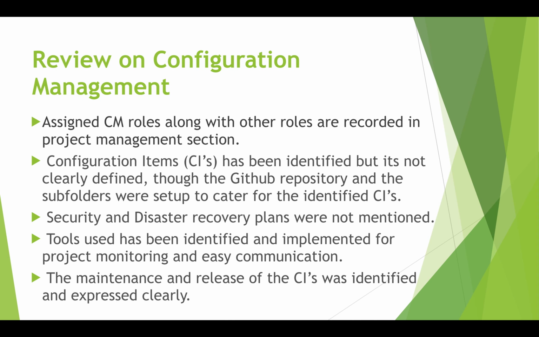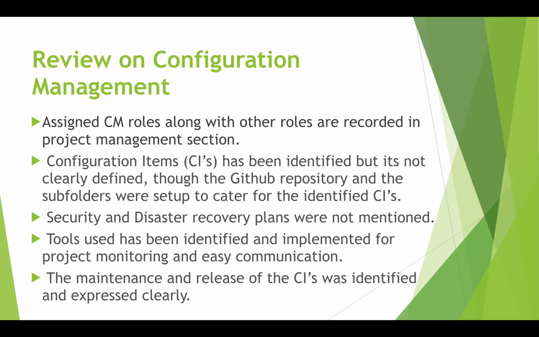We have backend, front end, and testing folders set up for the coding, and under documentation we have several subfolders for different types of documents. Security and disaster recovery plans were not mentioned. It would be good to have a backup plan to fall back on in case of any disasters or security breaches that can happen.